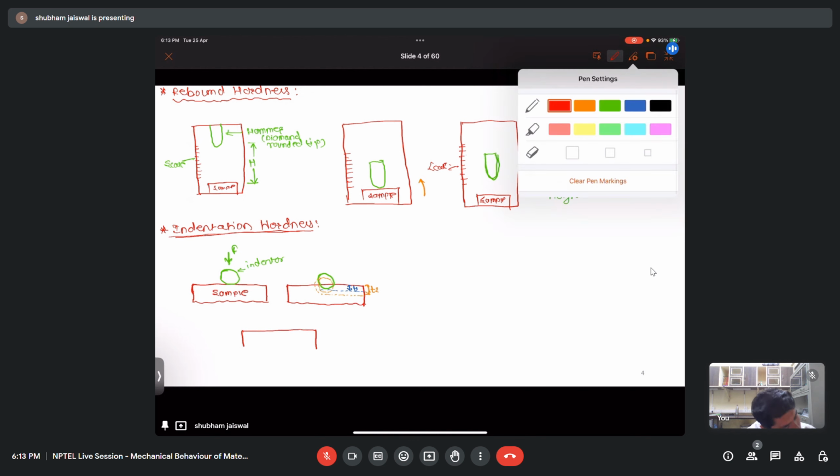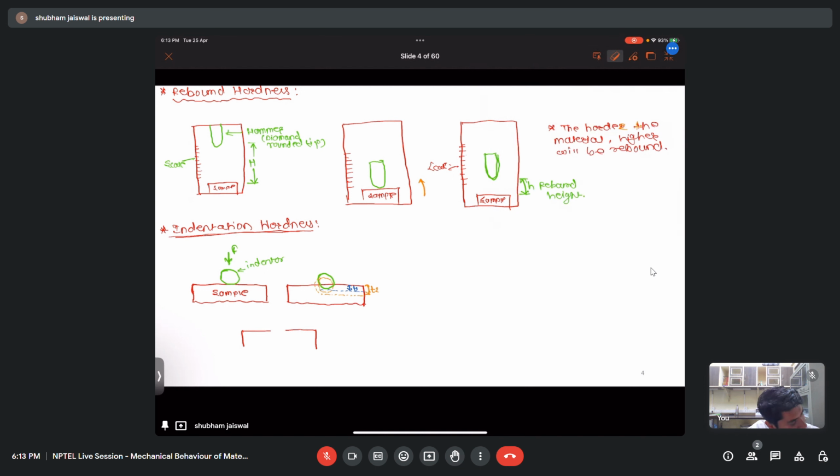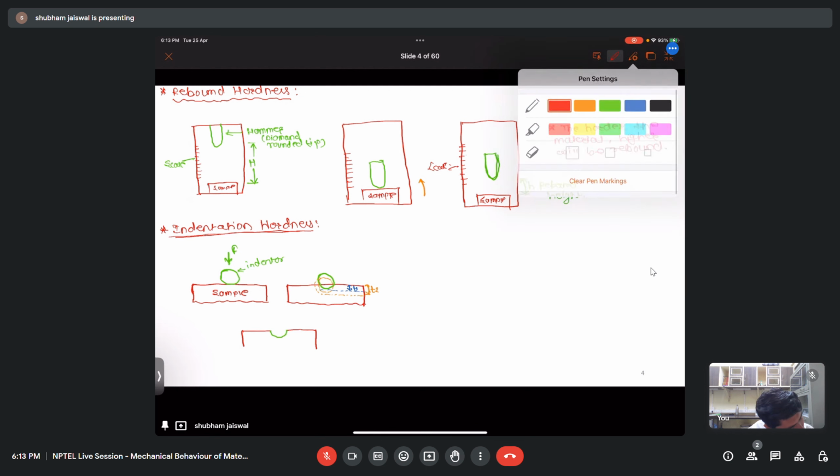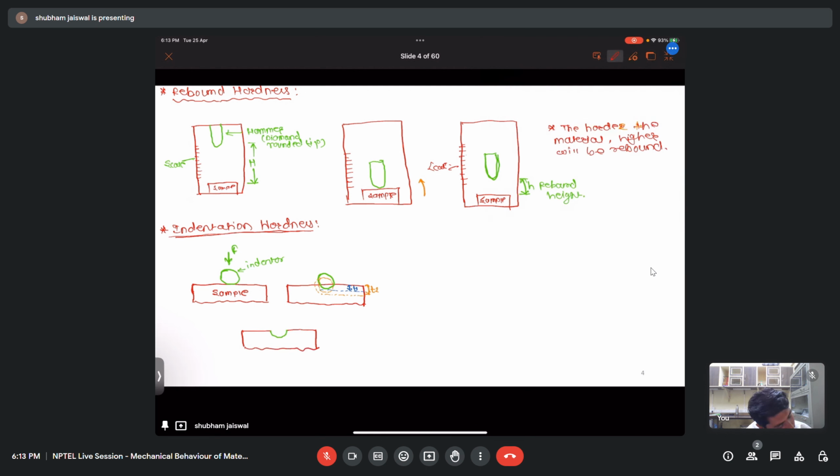If we remove the indenter, we can see the indent mark. Here let me show it in green color. So this will be my indent.